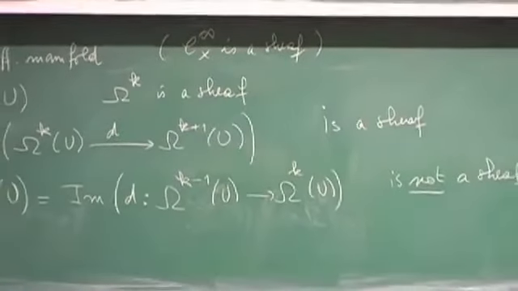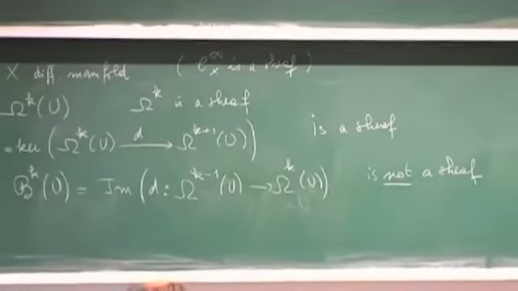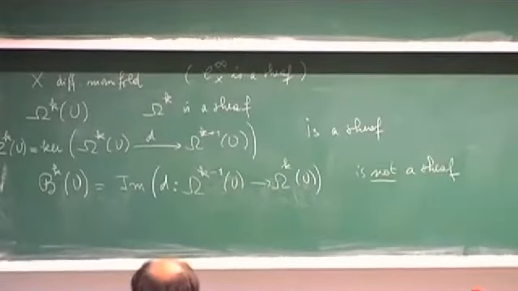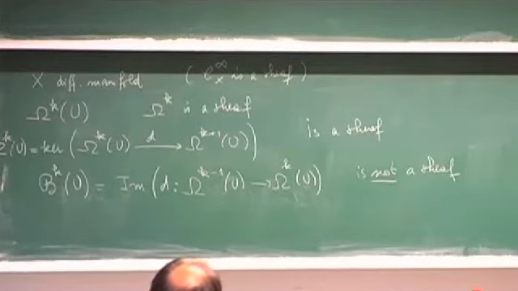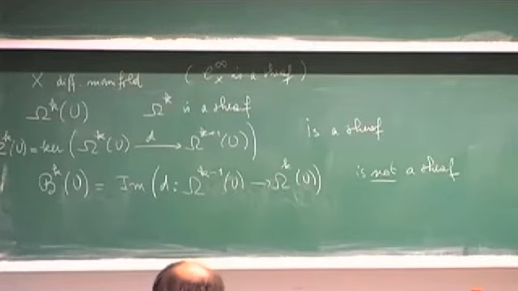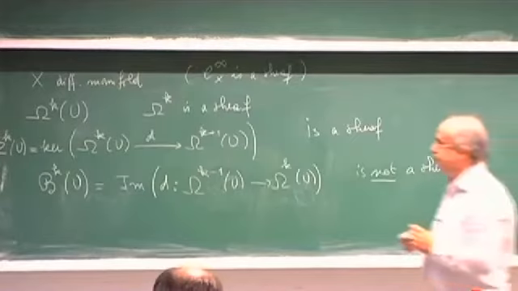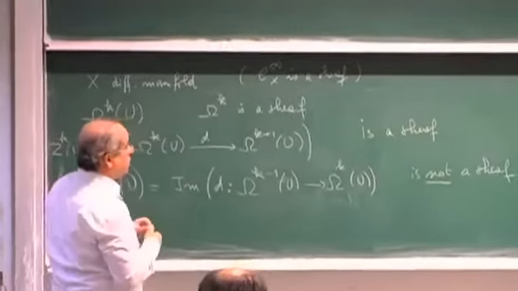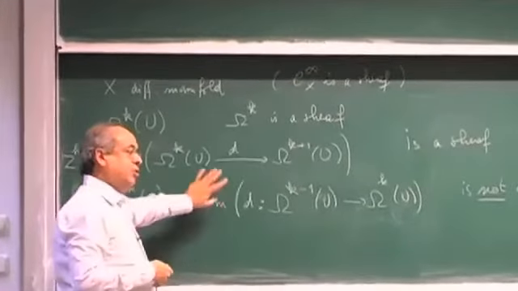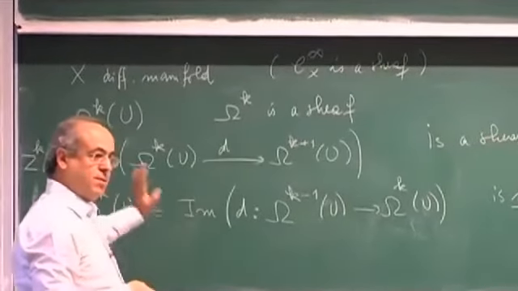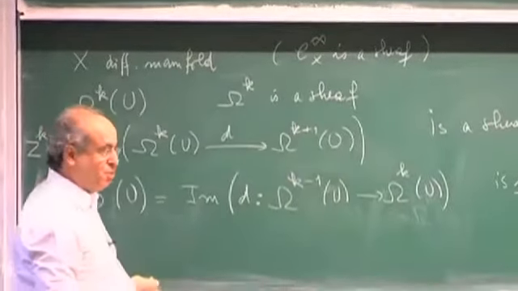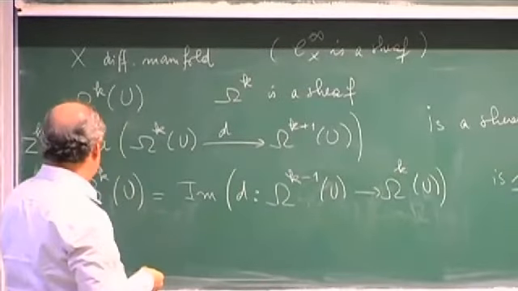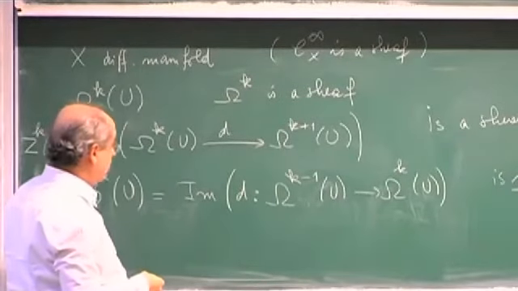Actually, as we know, if we know something about de Rham cohomology, the Poincaré lemma, etc., the fact of being exact is not a local issue. Again, I leave this to your meditation. But if you meditate enough, you should come to the conclusion that the exact forms don't make up a sheaf.